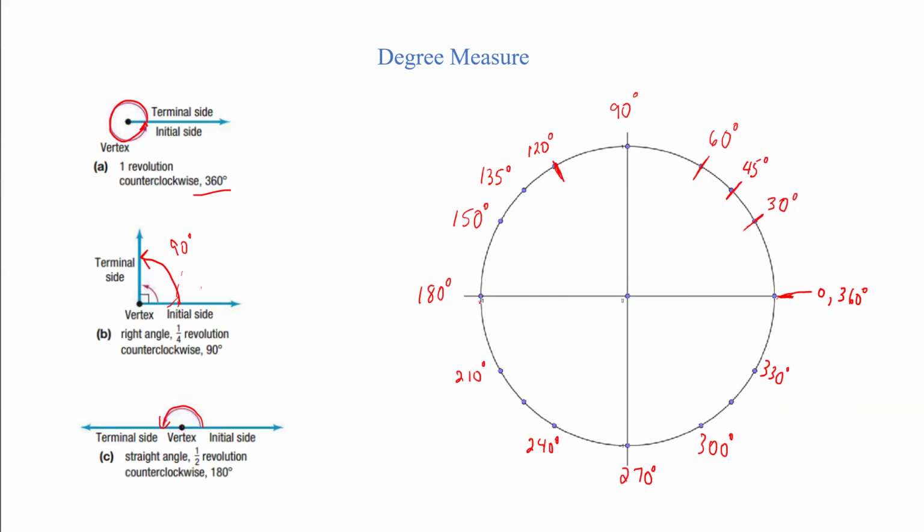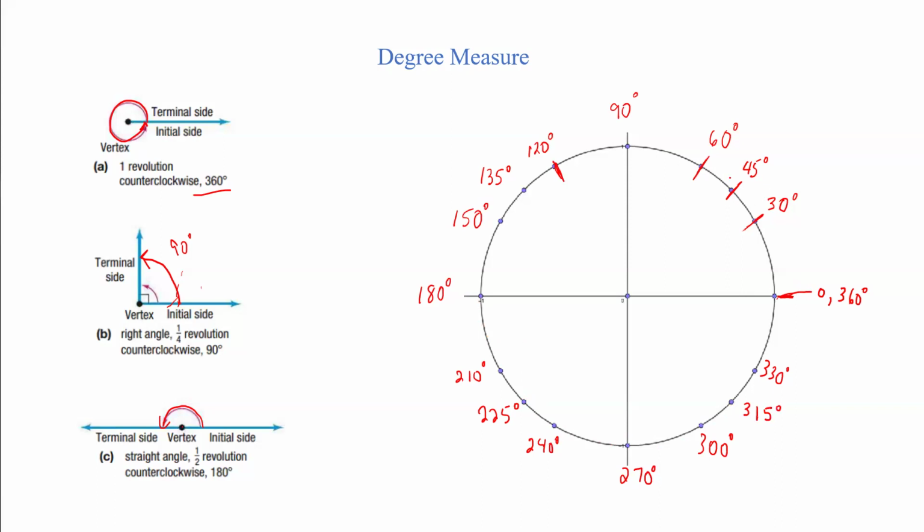And then if we take another 45 after 180, we're going to hit 225. Another 45 degrees takes us to the 270, and then we add the 45 to that, and we're going to hit 315 degrees.